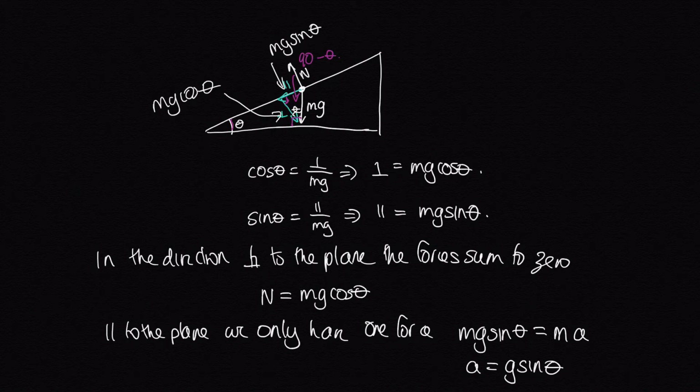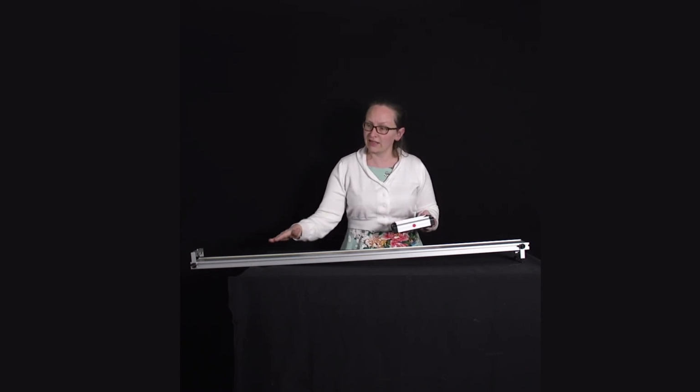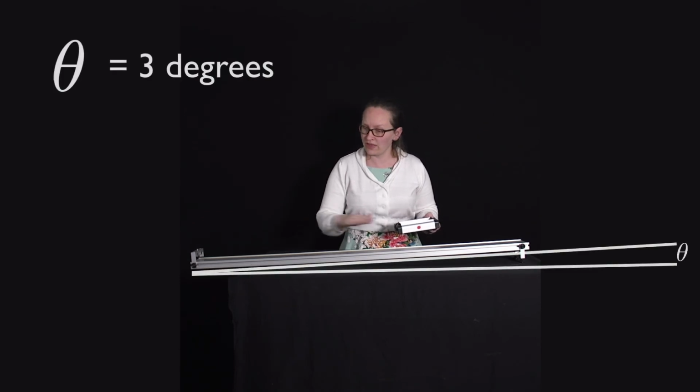So let's test this out now. What you can do with students is use a program such as Tracker or data loggers to check the acceleration of a cart down a plane. Now this plane is currently set up with an angle of 3 degrees.